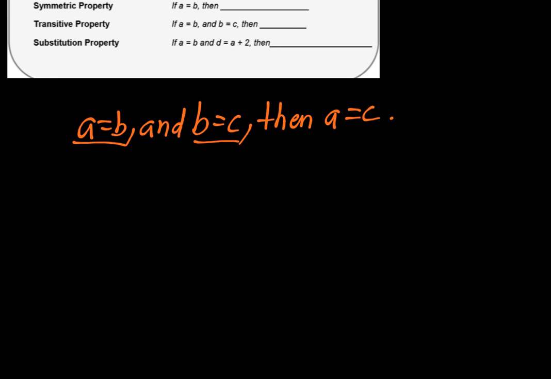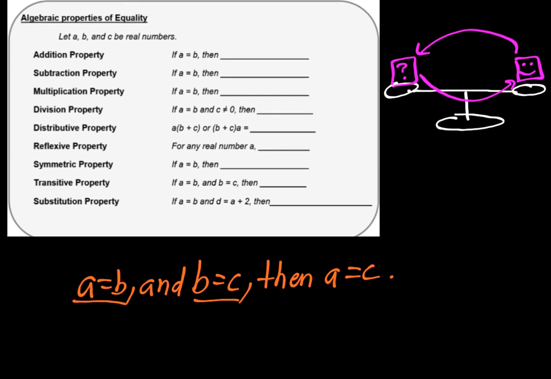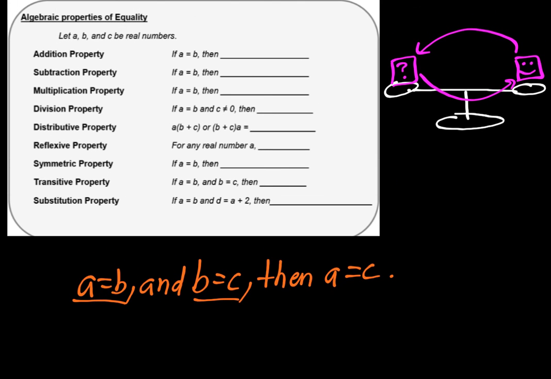So to kind of explain this, again, using the scale, if I said smiley face weighs the same amount as check mark, so it doesn't matter, I'm just making things up.